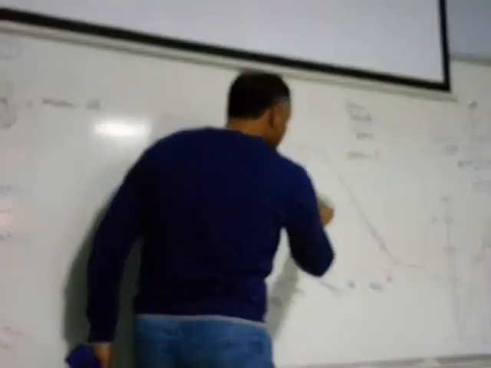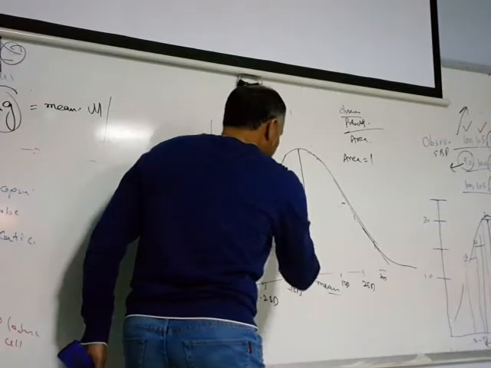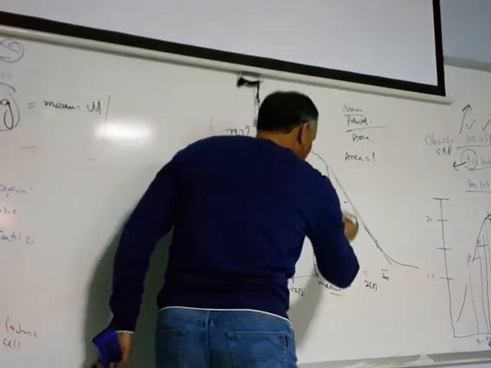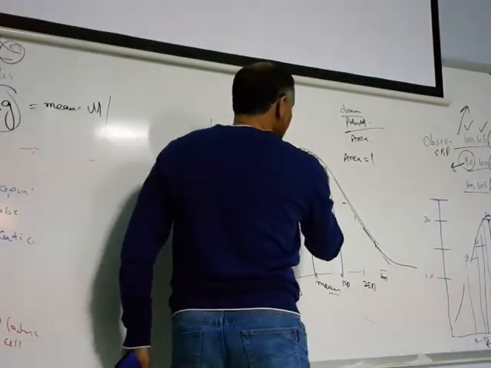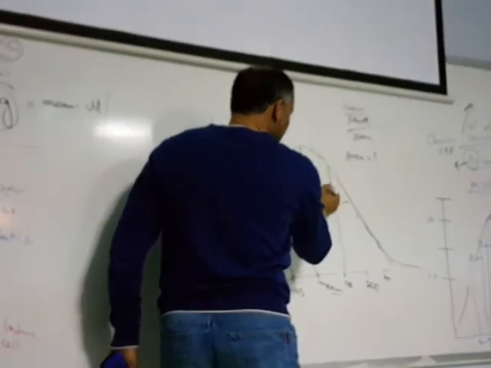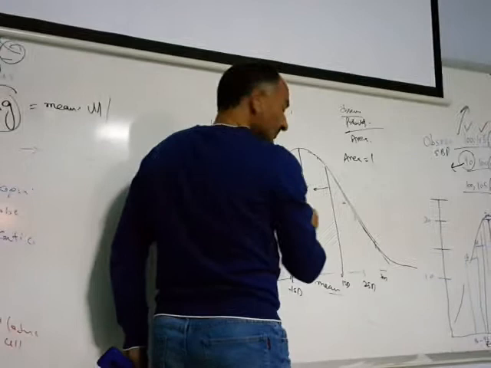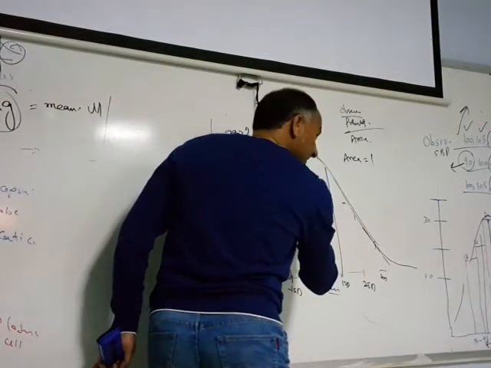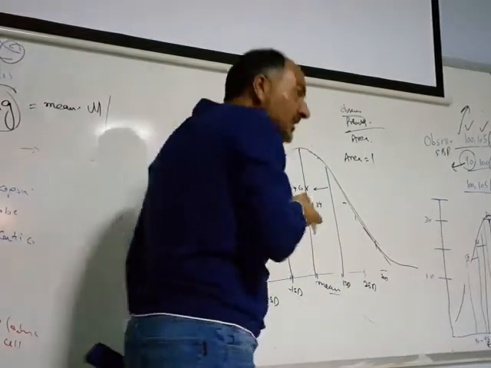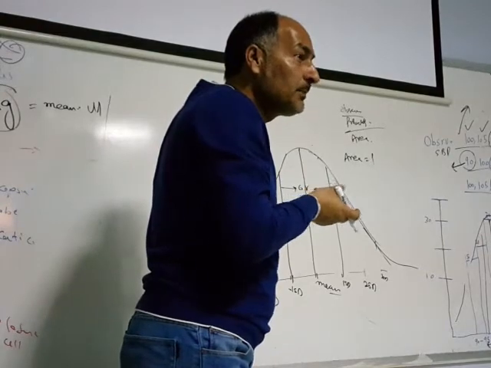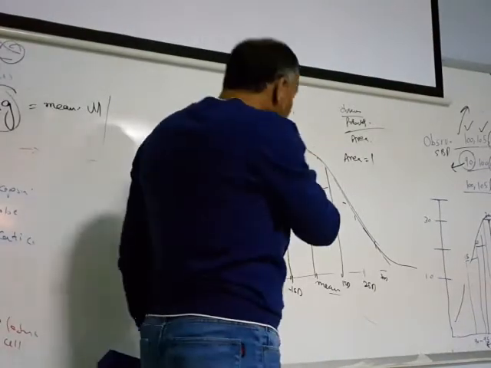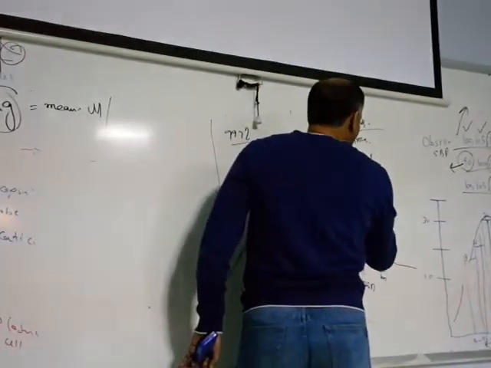So if I have the mean plus minus 1 standard deviation, what is the number of observations in both? 68 is total. 34 is here, 34 is here. So if I ask what is the percentage of area, it is 0.68.